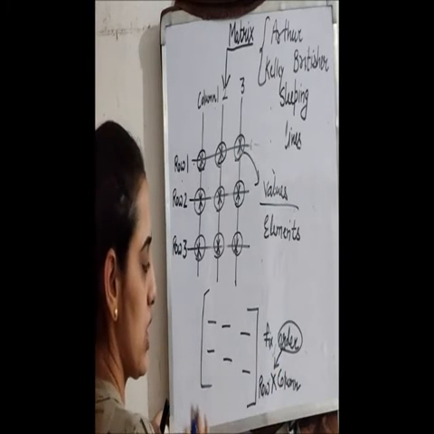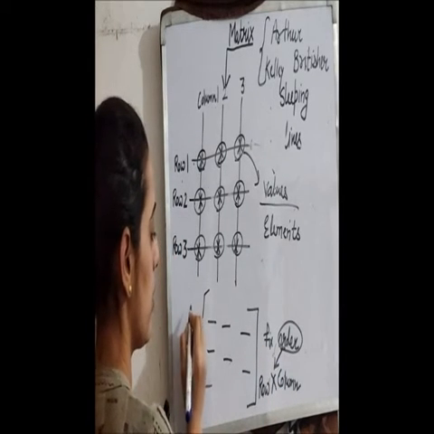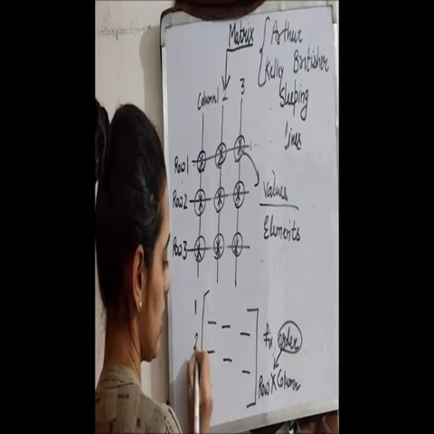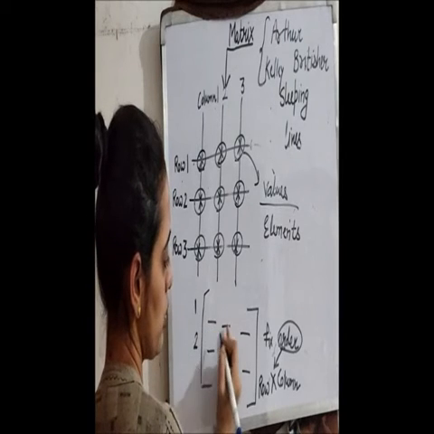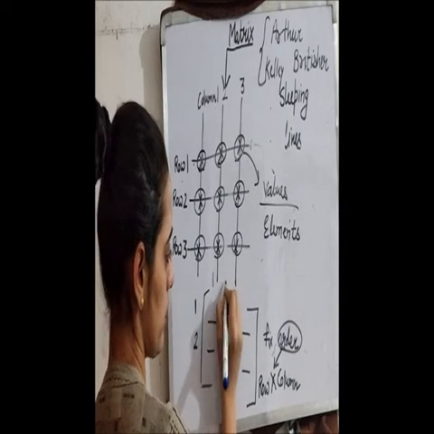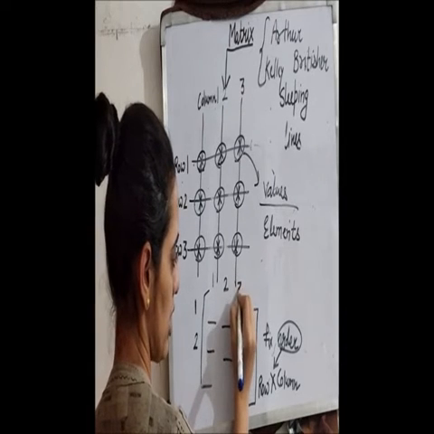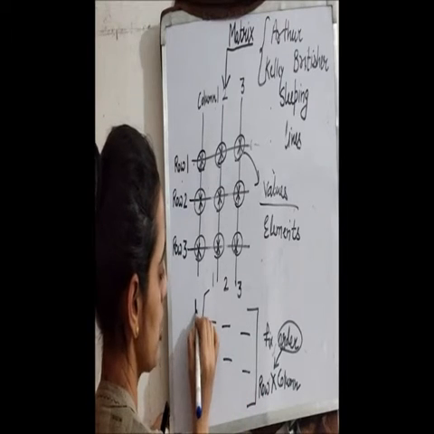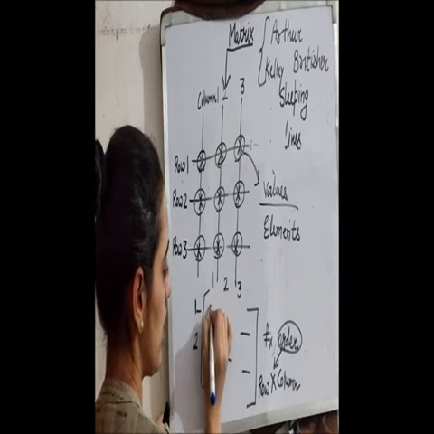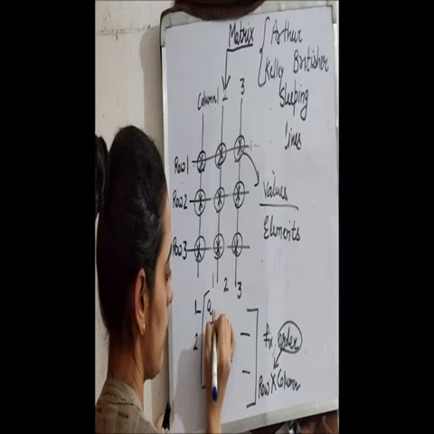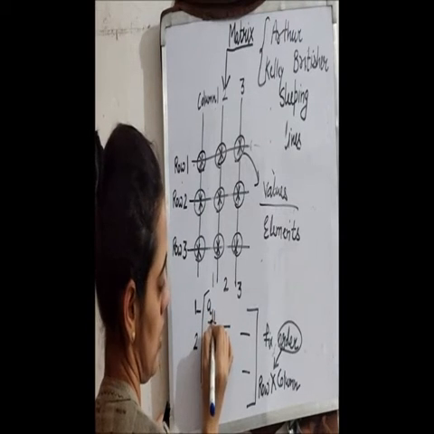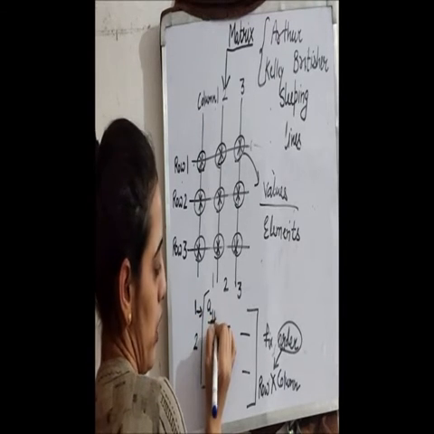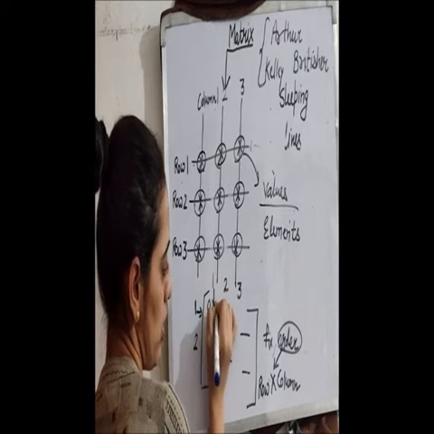What is the meaning of fixing? Let us describe it. If this is first row and this is second row, and according to these positions, this one is first column, this is second column, and this one is third column. When we start from first row and first column, we get this position A11. This first 1 is coming from first row and this second 1 is coming from first column.